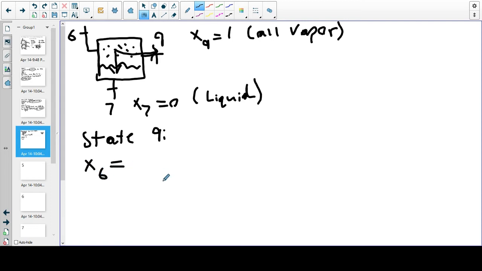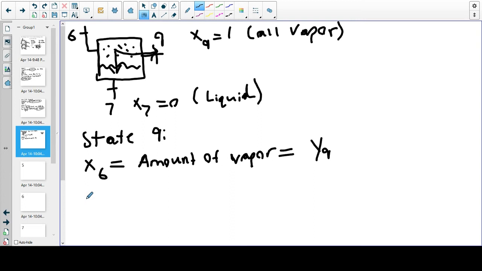So X6 is equal to the amount of vapor. Because remember, if you look at the X equation, it's mass of vapor over total mass. So that's the amount of vapor that is in this mixture region.